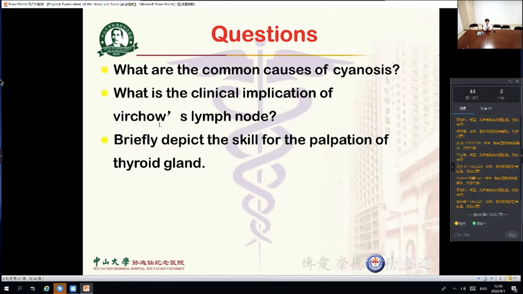And also yesterday I showed you how to do the vital sign examination, such as the pulse, the respiration, the temperature, as well as the blood pressure, and also the anthropometric data that we need to record from the general physical examination for every patient.